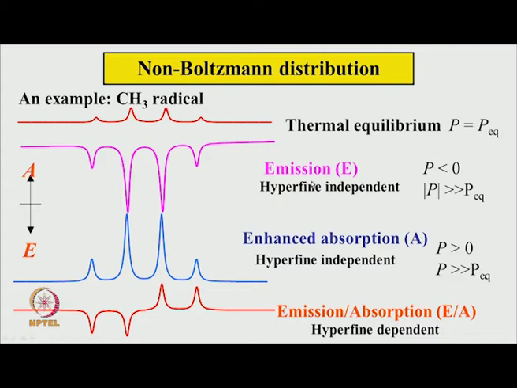A third possibility is what I showed you for the acetone isopropanol system: some lines are emissive, other lines are absorptive. It could be emissive on the low field region and absorptive on the high field region, and hyperfine dependent now, since different hyperfine lines have different intensities. Or it could be the other way, where low field lines are absorptive and high field lines are emissive. So, these are the various possibilities one can expect in general.